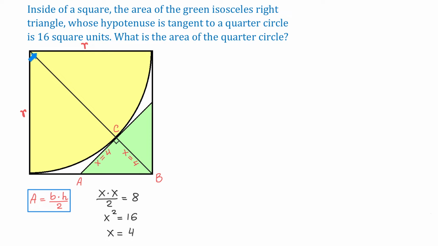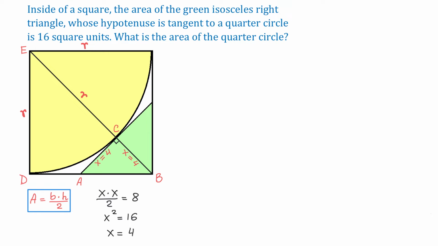Now let's take a look at this big triangle. We will call it B, D, and E. In this triangle, the left side is r, the bottom side is also r, and the hypotenuse is r plus 4.